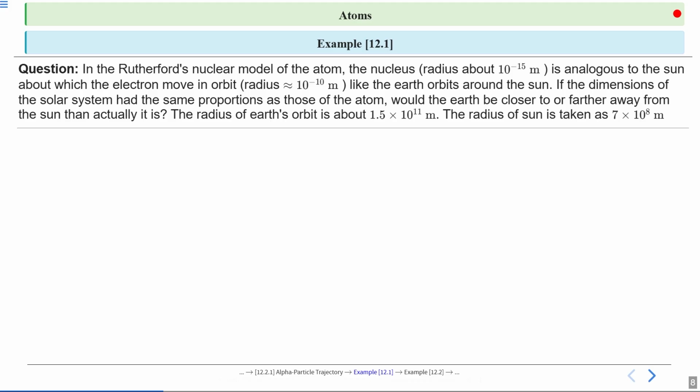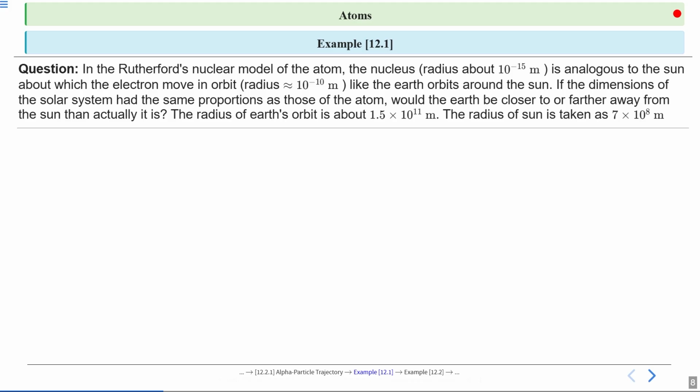If the dimensions of the solar system had the same proportions as the atom, what are the dimensions of the solar system? That means the radius of the solar system and the radius of the orbit of Earth. The ratio of those dimensions will have the same proportion as those of the atom.